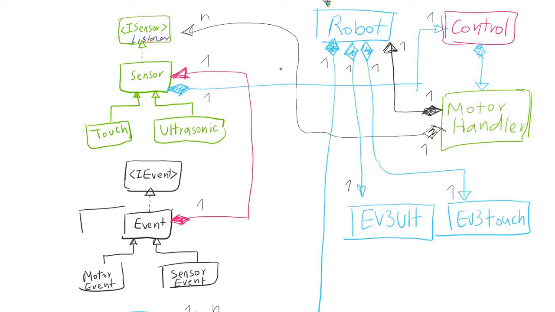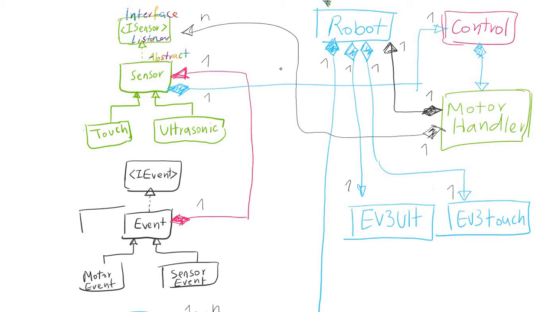The listeners can have an abstract representation. This abstract representation can be extended as a touch listener or an ultrasonic listener. So we have an interface.